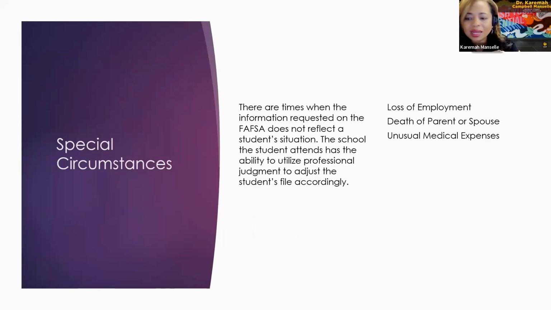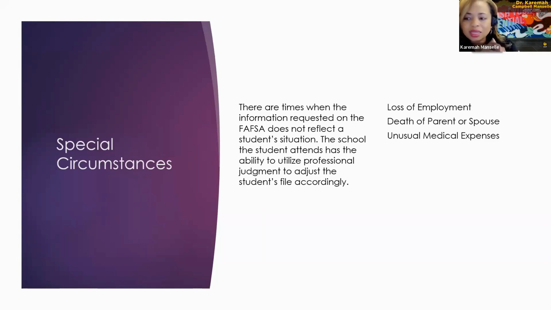I wanted to highlight special and unusual circumstances and tell you all about when the school has the opportunity to look at a student's situation on a case-by-case basis. A special circumstance occurs when a student has a situation and that situation is not reflected on the FAFSA.